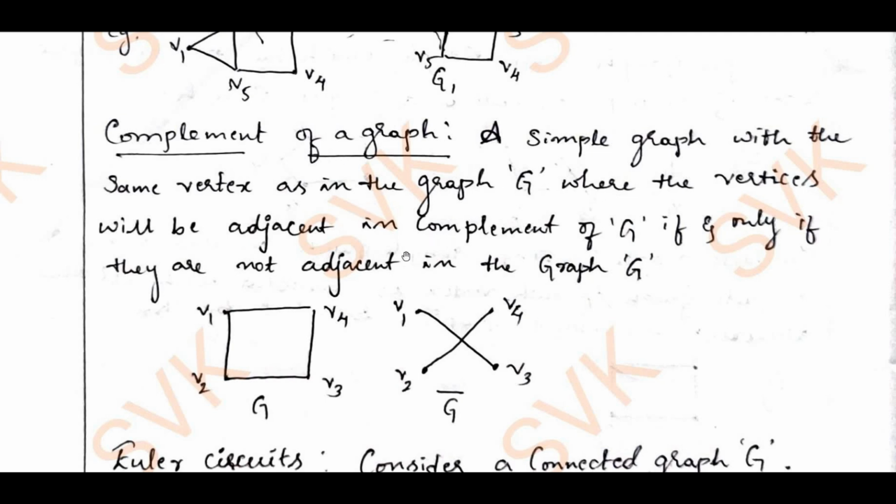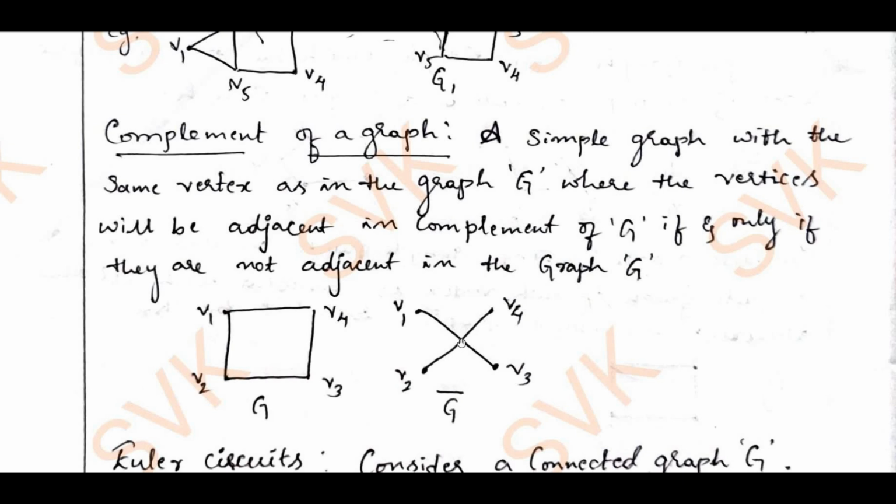See, it is very simple. Whatever graph G you consider, if a vertex is not connected with another vertex, connect that, and that will be the complement of the original graph. That's all. Here V1 is not connected to V3, connect that. V2 is not connected to V4. That is called the complement graph.